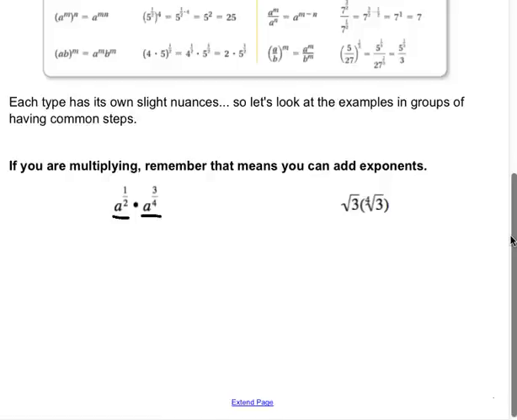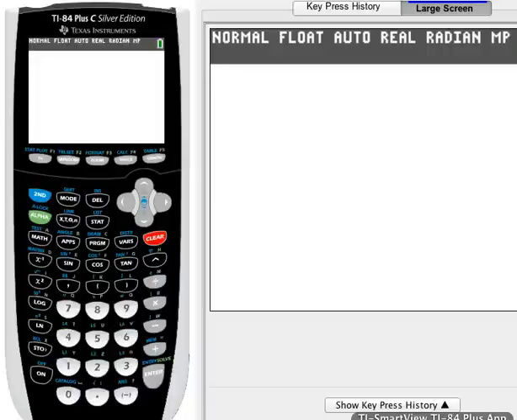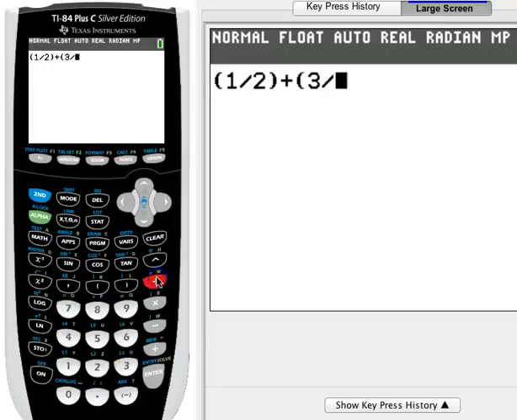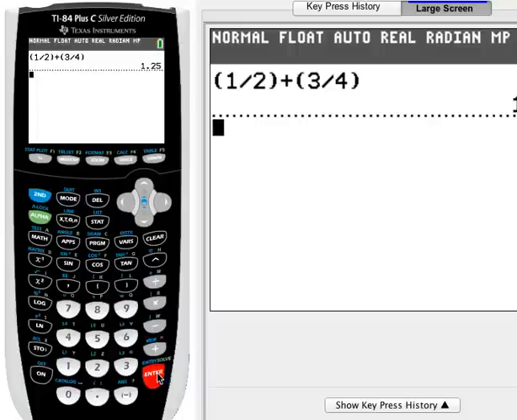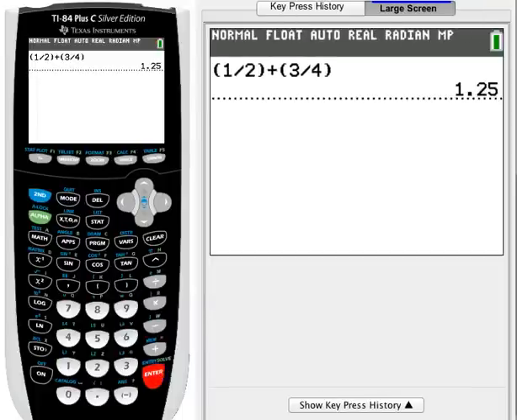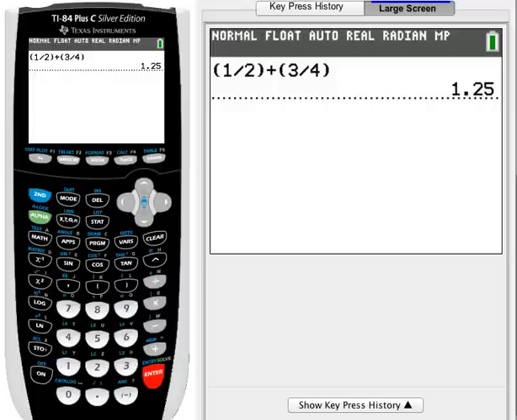I'm okay if you go to your calculator and type 1/2 plus 3/4. Let's squish that so you can actually see it.